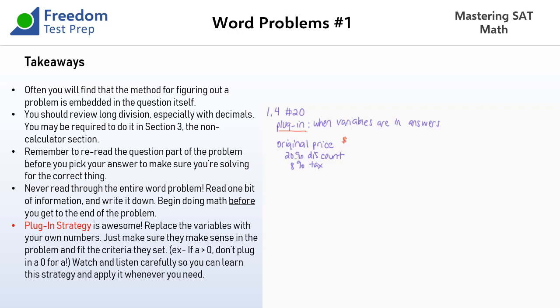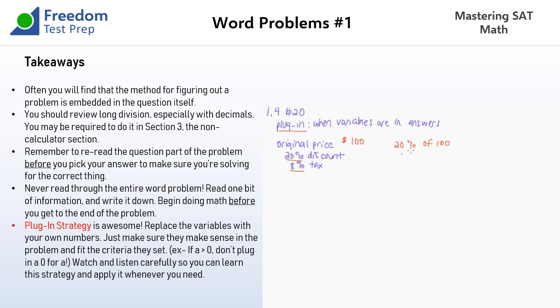Now, because we're dealing with percentages, the easiest price is 100, because that makes our math super simple. Now, a 20% discount is the same thing as saying 20% of 100. I mean, this is easy.